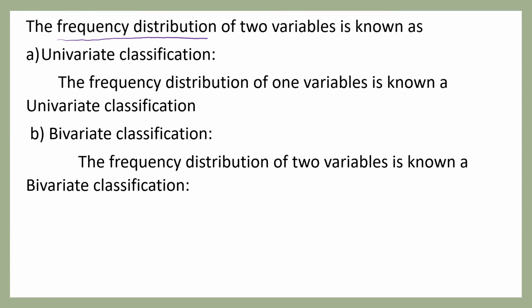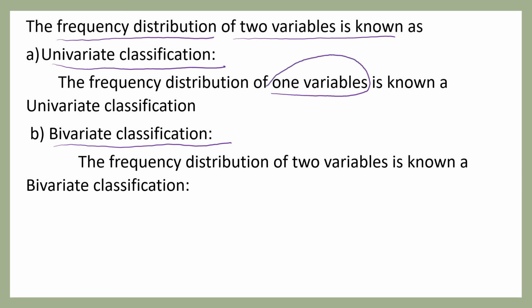In frequency distribution, there are two types of classification known as univariate classification and bivariate classification. What do you mean by univariate classification? The frequency distribution of one variable is known as univariate classification. For example, the list of students and their marks in economics only, then it is called univariate classification.